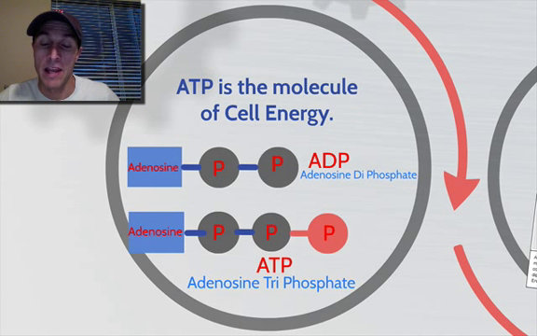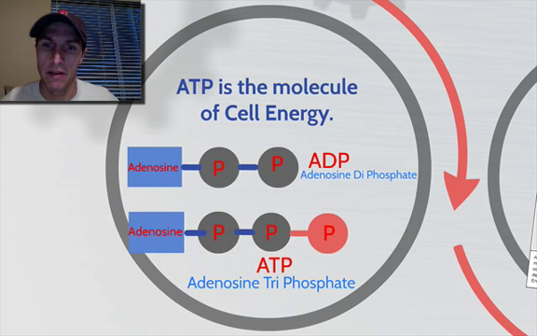Now ATP, adenosine triphosphate, you're adding another phosphate to this, and the way this works is, to put one phosphate on an adenosine, it takes just a little bit of energy. To put the second one, it takes a bit more. To put the third one on, it takes a lot of energy. So this is a high energy bond.